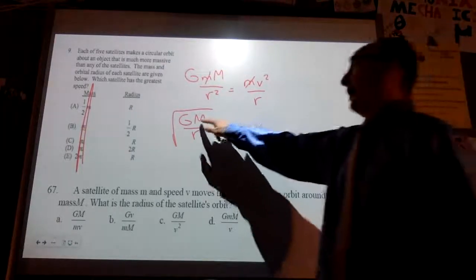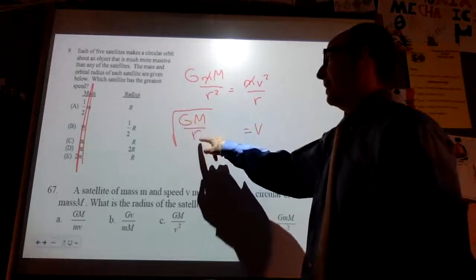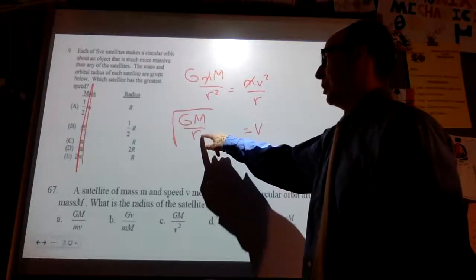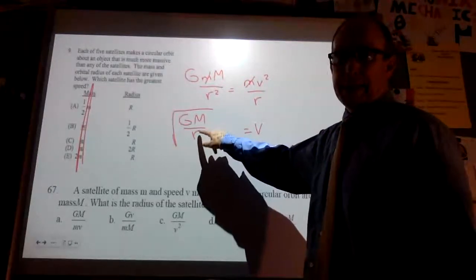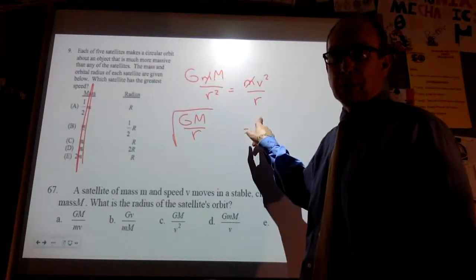Only the mass of the planet matters, the gravitational constant, and how far you are from it. Because this is in the bottom, making this smaller will make that bigger.